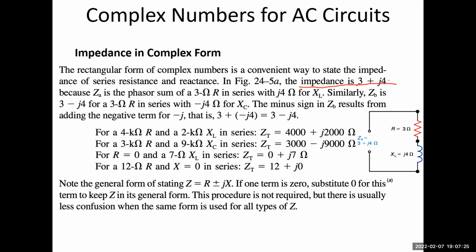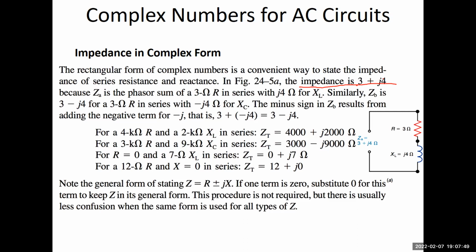This is similar to 3 minus J4, wherein we have a series resistance of 3 ohms with a negative J4 of capacitive reactance. The minus sign in Z results from adding the negative term for negative J, that is 3 plus negative J4. So kaya naging negative J4 siya.